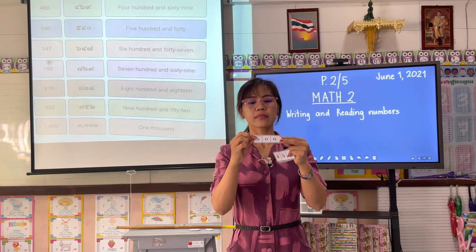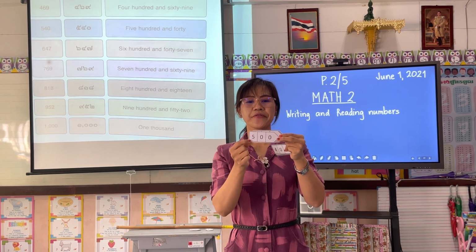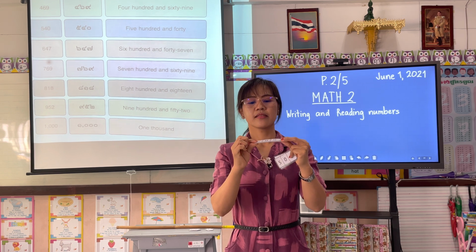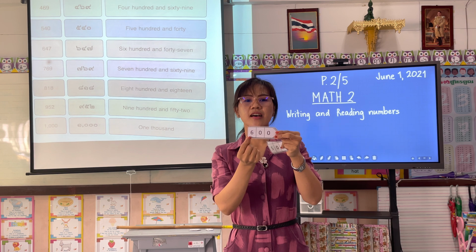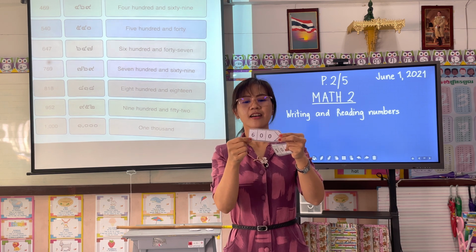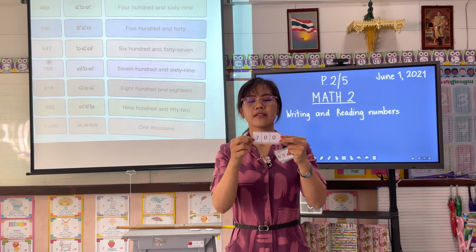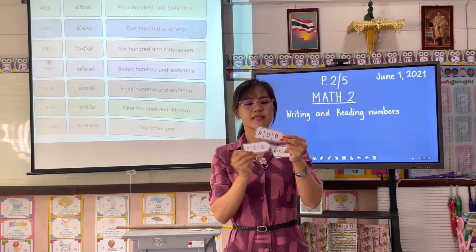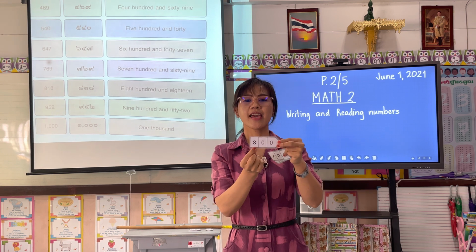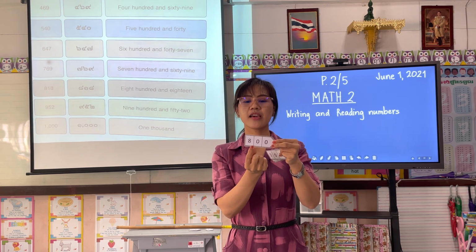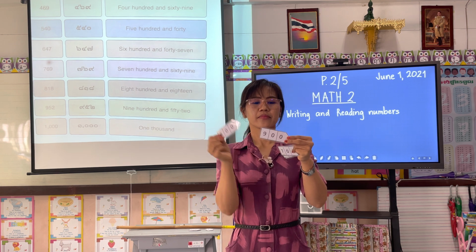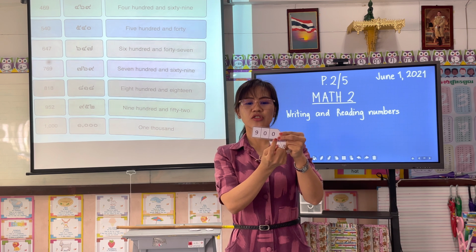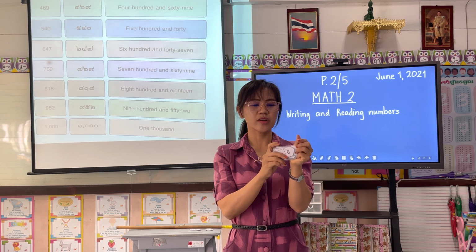Next, 500. Okay? 600. 700. Next, 800. Next is 900. And what is next to 900?